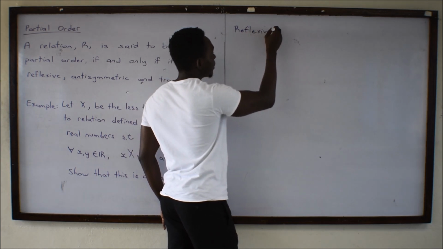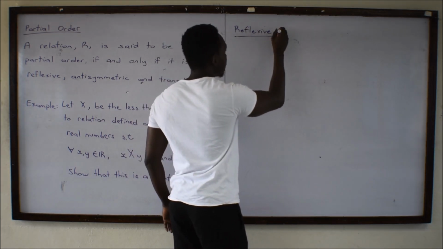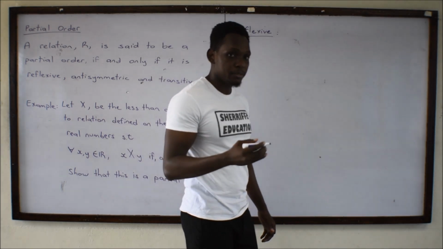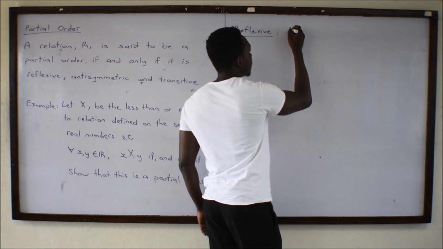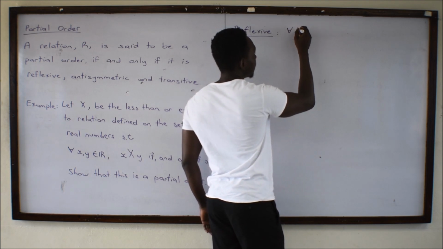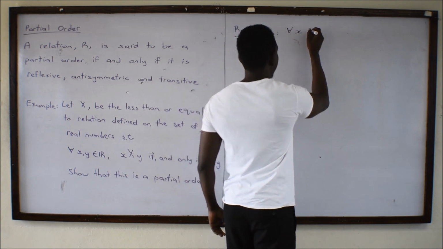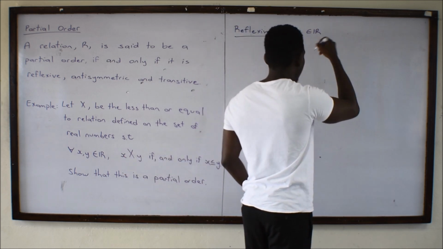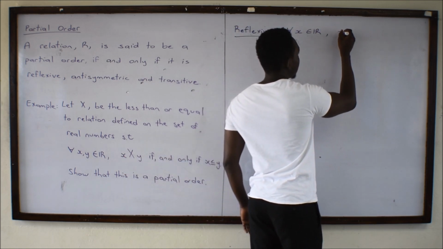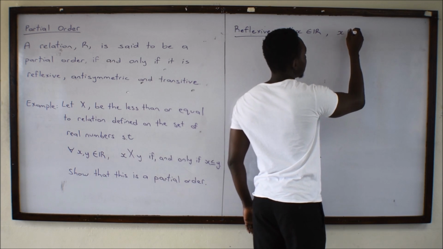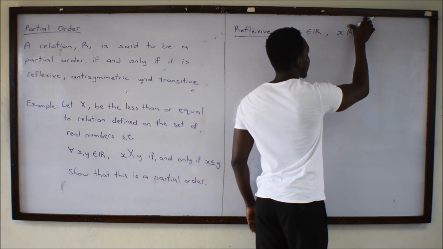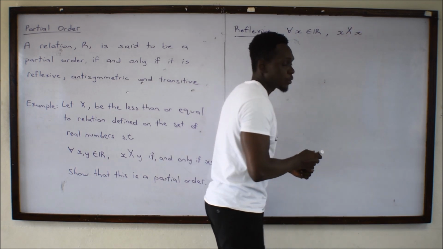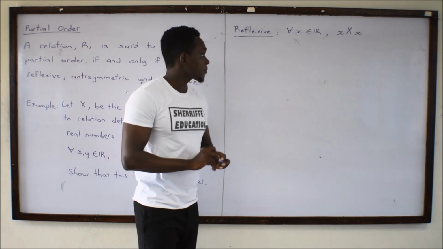Now recall, by definition, a relation is said to be reflexive if for all, let's say, X in the set of reals based on our set, X is related to X. So in this case, we use capital X to represent the relation.